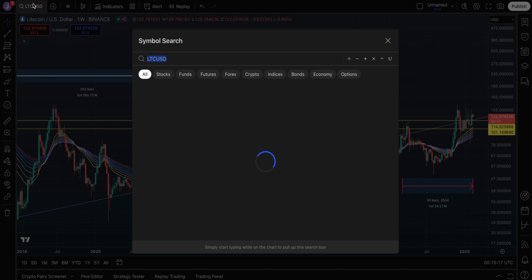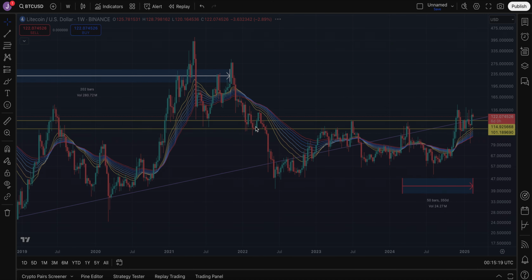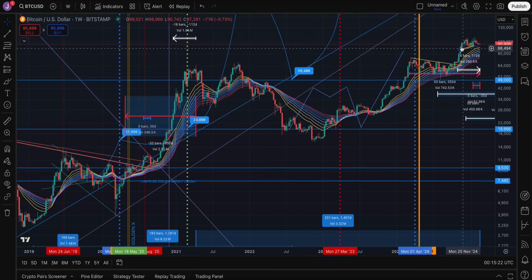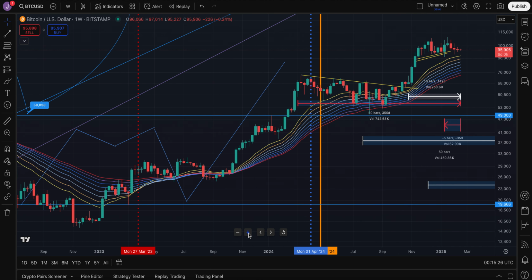And if we go to the Bitcoin chart, we can also look at how this range tends to be pretty long.